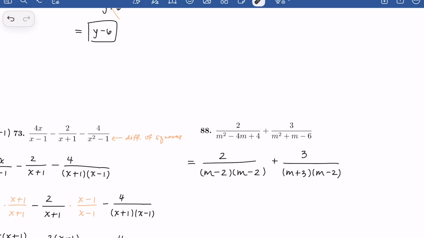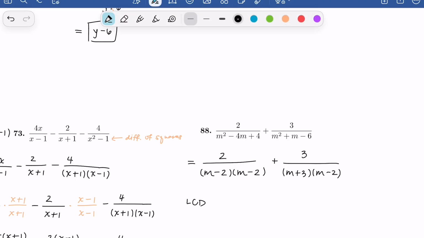Remember, it's going to be the product of all of these different factors, with each factor raised to its greatest power. So we're going to see that in this case. Notice we have an n minus 2 twice and an n minus 2 once here. So this means for our LCD, we're going to take n minus 2 twice, since we're looking at the factor raised to its greatest power.